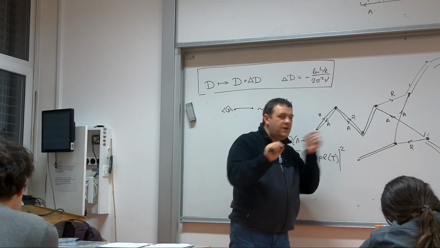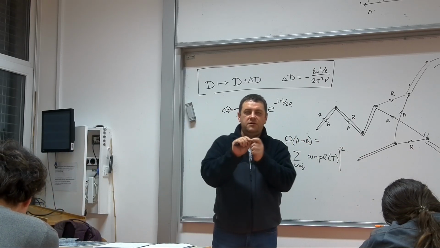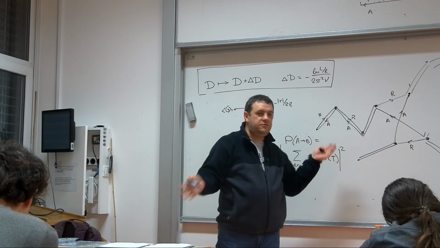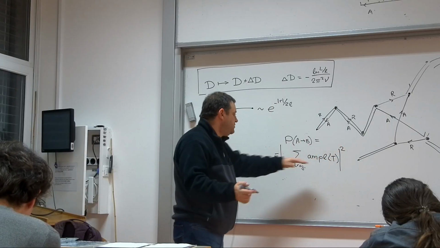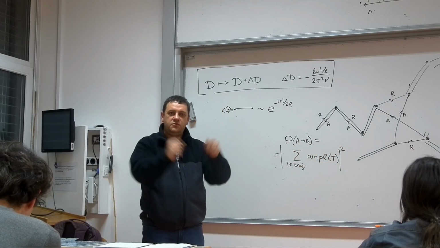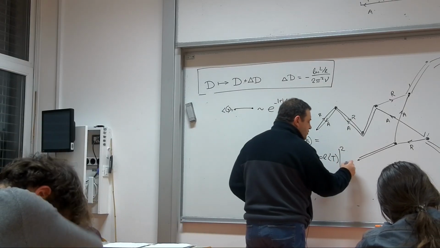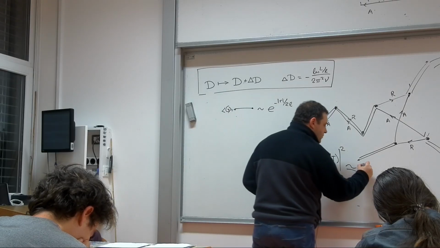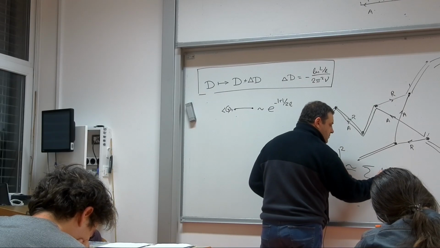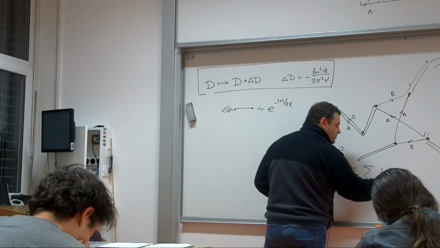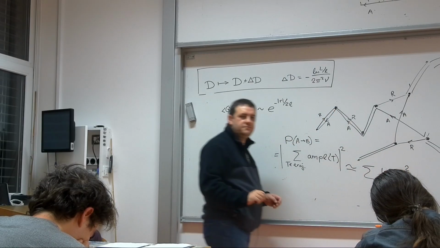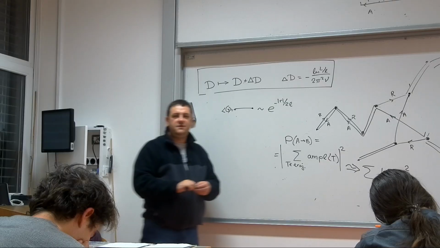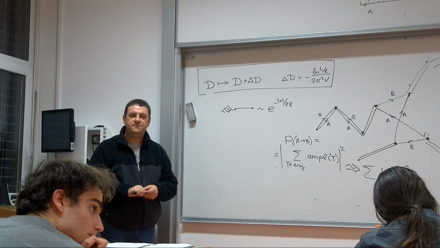You shift one point by just one wavelength, and the amplitude already changes sign. So you approximately replace this sum squared by the sum of amplitudes squared. This replacement means the quasi-classical approximation.